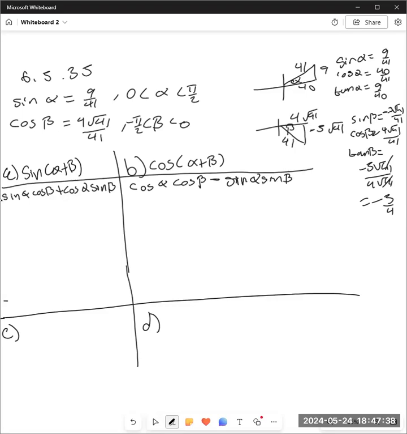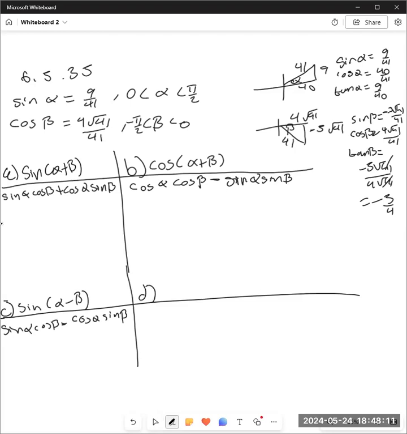And C asks us to find sine of alpha minus beta. And that's going to be sine alpha cosine beta minus cosine alpha sine beta. So these same numbers that we get for these two parts, but subtract them instead of add them.